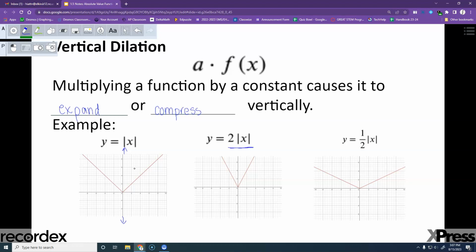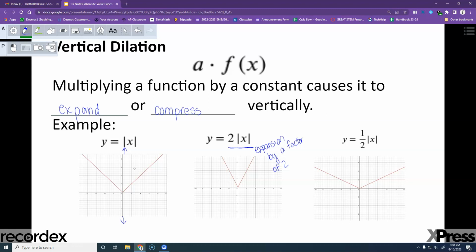This would be an expansion by a factor of 2. The graph is twice as tall as it was before. You also notice for absolute values, that slope on the side is 2. You go up 2 over 1, up 2 over 1.